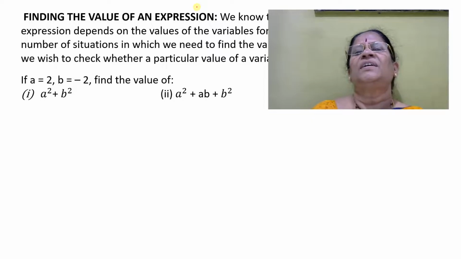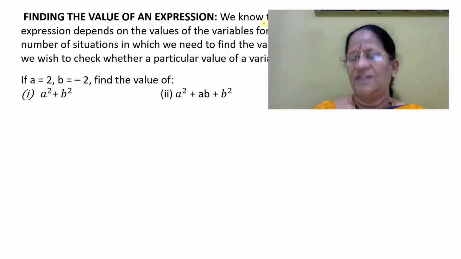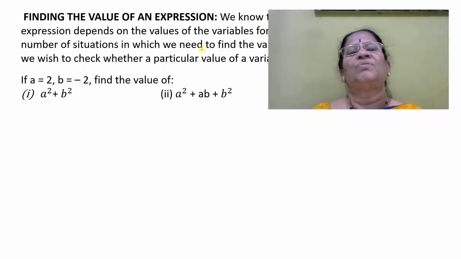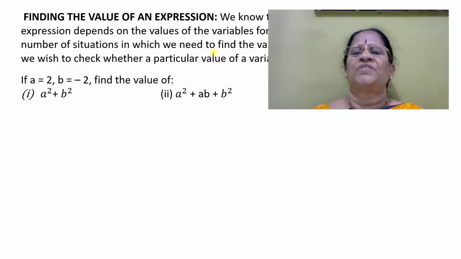Then finding the value of an expression. We know that the value of an algebraic expression depends on the values of the variables forming the expression. There are a number of situations in which we need to find the value of an expression, such as when we wish to check whether a particular value of a variable satisfies a given value or not. Here, the value of a is given as 2 and b is given as minus 2.